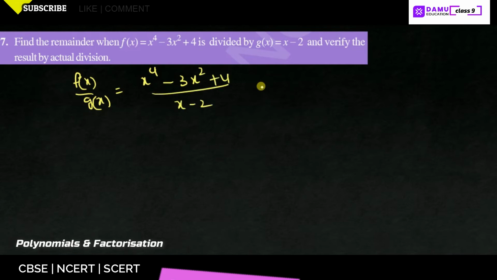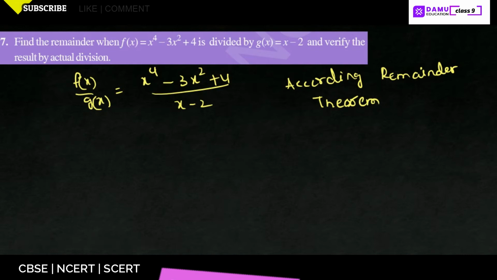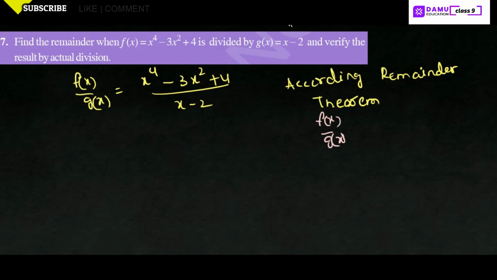G of x is x minus 2. According to the remainder theorem, if you take f of x divided by g of x, where g of x is equal to x minus a, then the remainder is f of a.